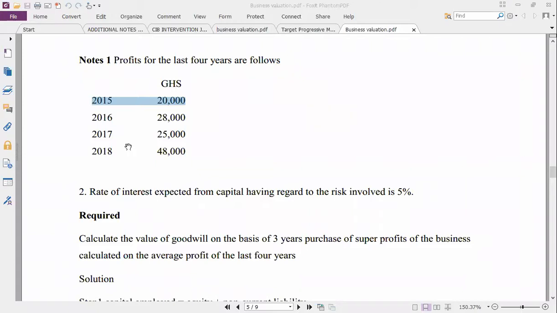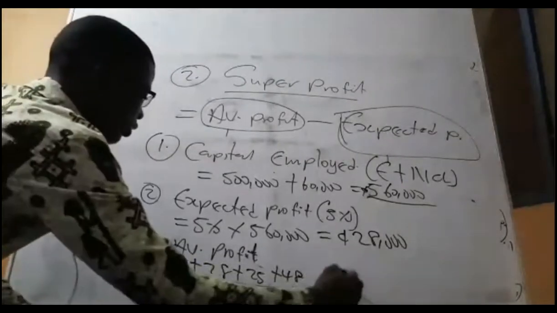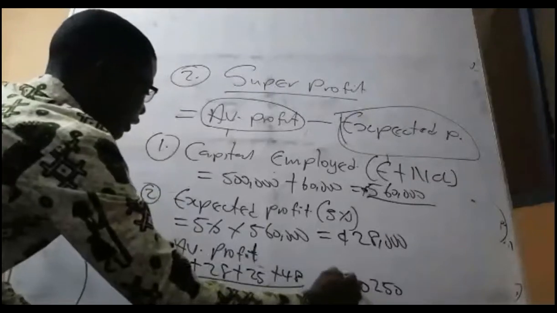So that is the average. So what will be the average? 30,250 Ghana cedis. Okay.